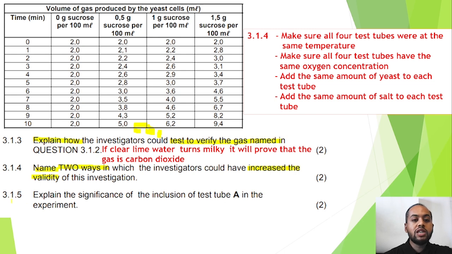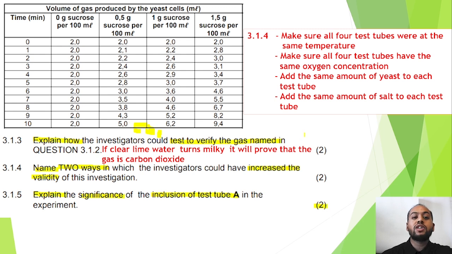The next question, 3.1.5, says explain the significance of the inclusion of test tube A in the experiment. Why are you including test tube A? You would have remembered in test tube A, this was the one with 0 concentration of sucrose. And you notice the volume of gas remained the same.